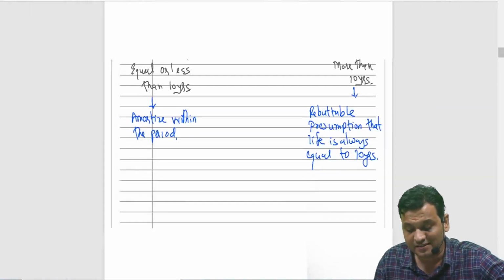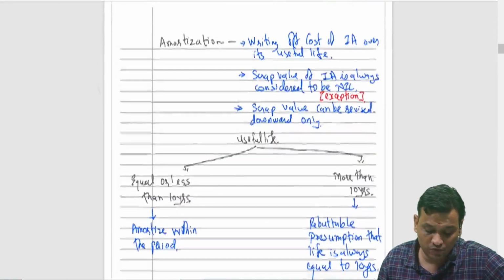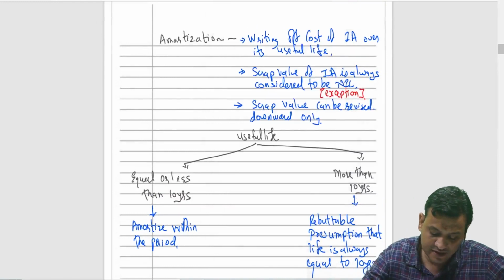Rebuttable means unless until you can make a point otherwise, you can prove. So this is the useful life of an intangible asset, friends.